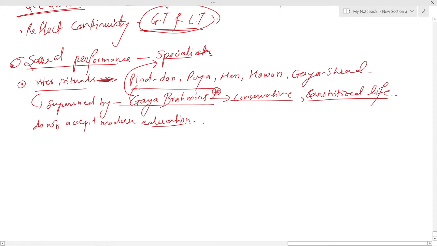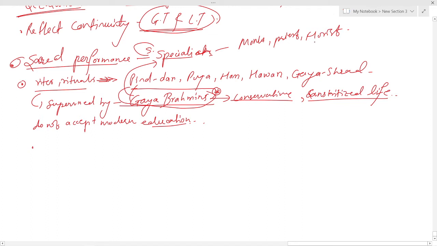These people, the Gaya Brahmins, are called the sacred specialists. There are other sacred specialists, for example, monks, priests, even the florist will come under the sacred specialist.